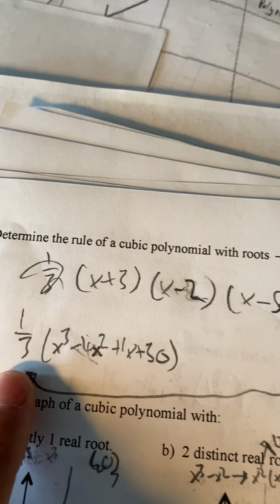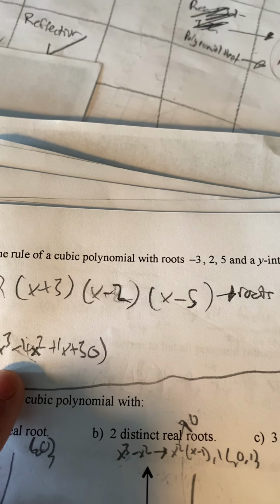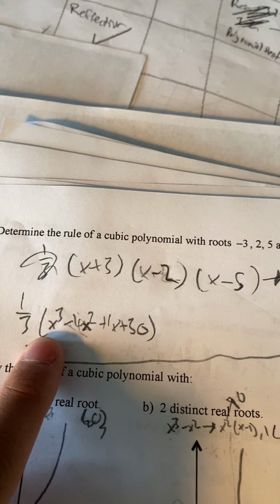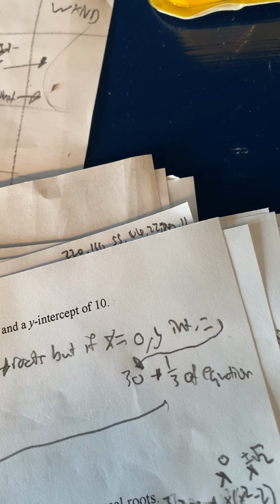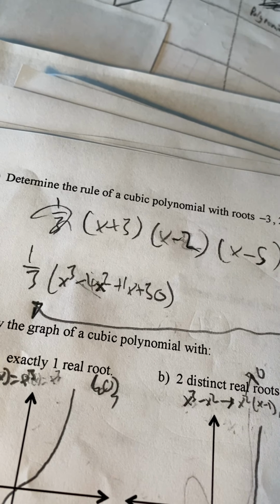However, I crunched the numbers, and the y-intercept would be 30 here. So since the y-intercept has to be 10, I just made 1/3 of the equation. So I multiplied these out, which makes x to the third minus 4x squared plus, I think that's 11x plus 30, and then 1/3.